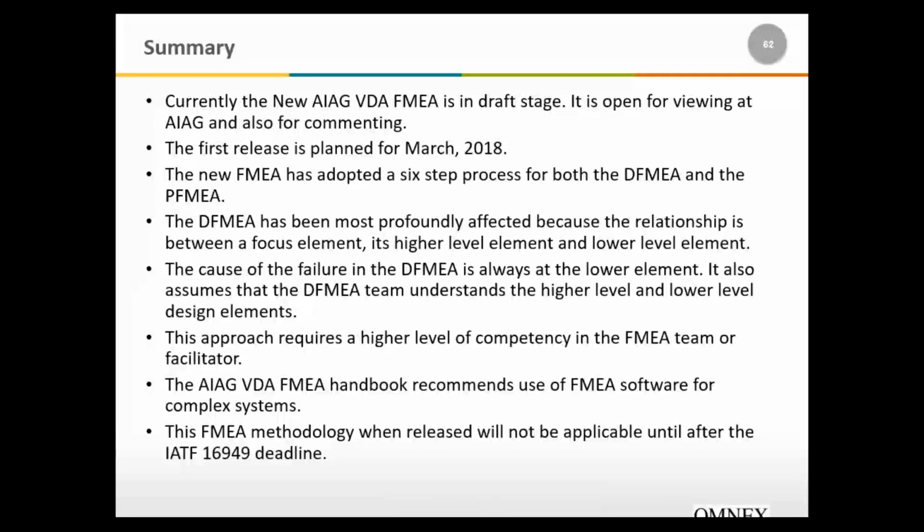The AIAG VDA FMEA handbook recommends the use of FMEA software for complex systems. For simpler systems, maybe we can get away with using a flat file. And this FMEA methodology, when released, will not be applicable until after the IATF 16949 deadline.